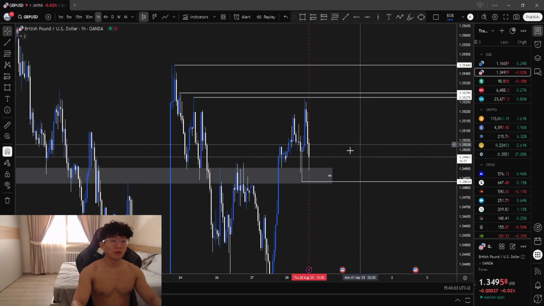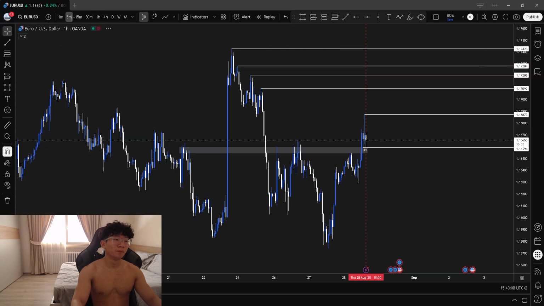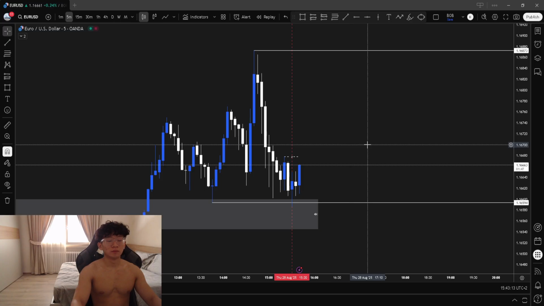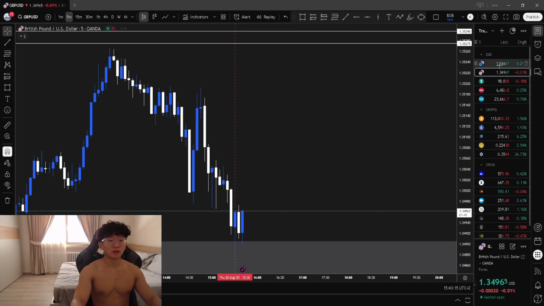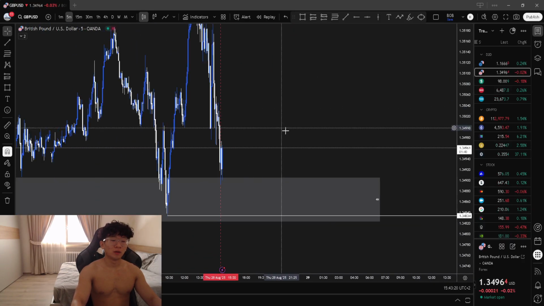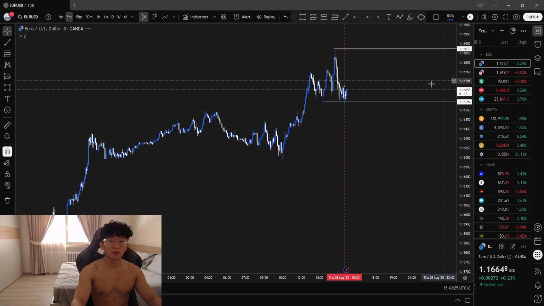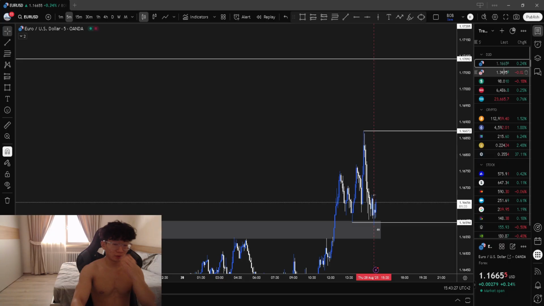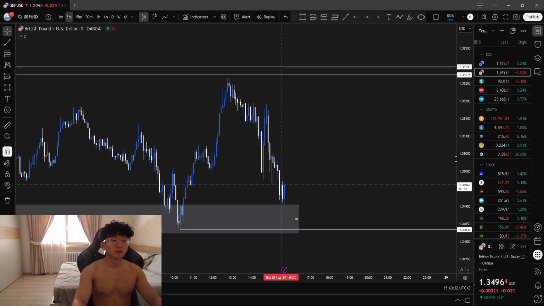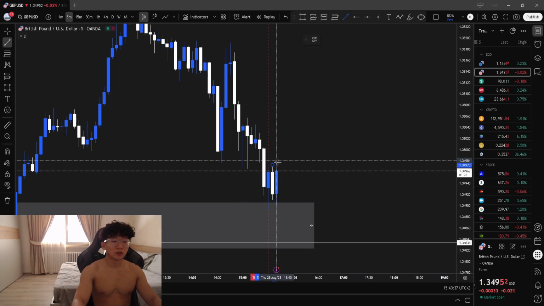But right now, preferably, I would take the setup on Euro USD, just because I have the same setup on both ends, but I'm more confident with Euro USD price action than GBP USD. But if it happens, I may take the trade on here too. Who knows? Right now it's giving me the change of character.